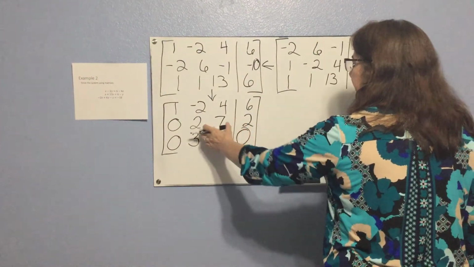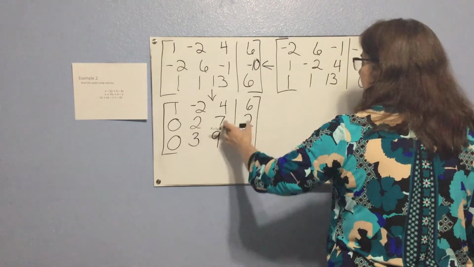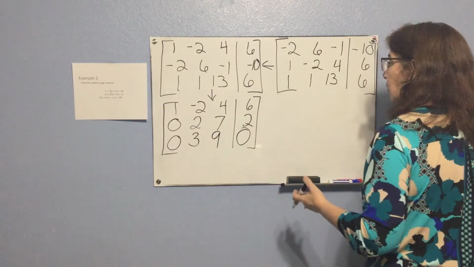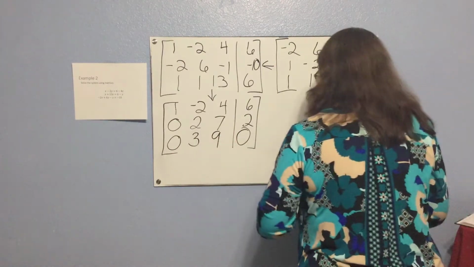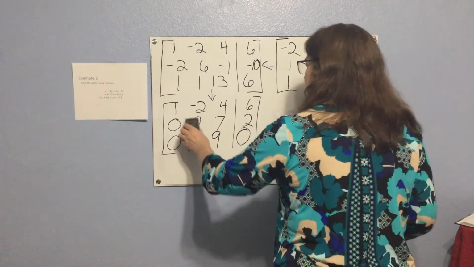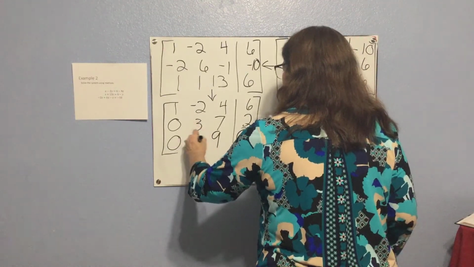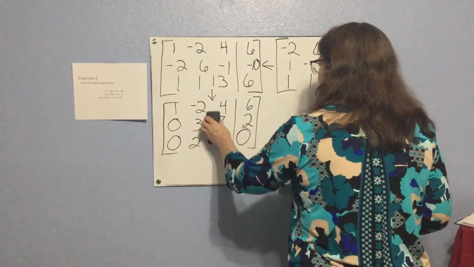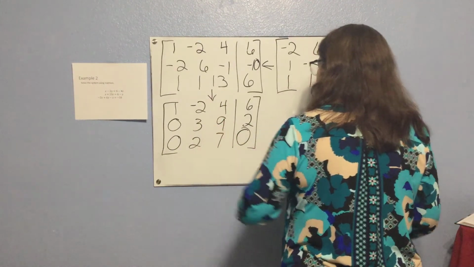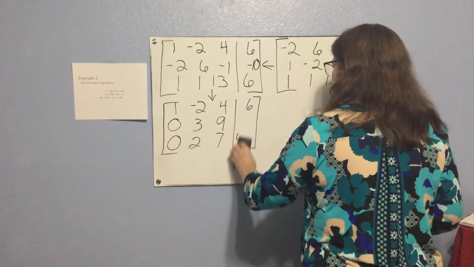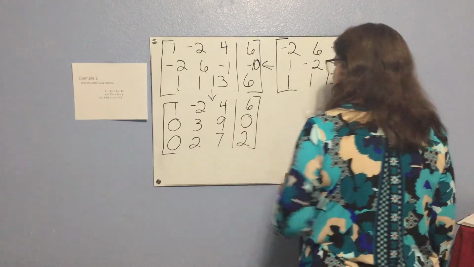Now I see here that if I want a 1 in this position, I'm going to end up dividing by 2 and having a fraction, and although that's not horrible, just to make it a little easier, I'm going to interchange these two lower rows. So I'll make this 3 and 2, and I'll make this 9 and 7, and then 0 and 2.